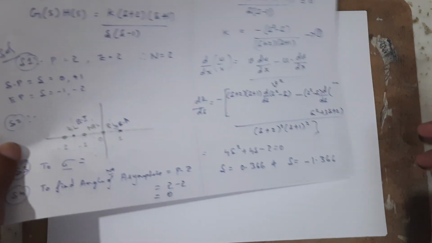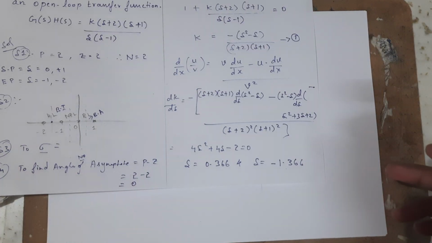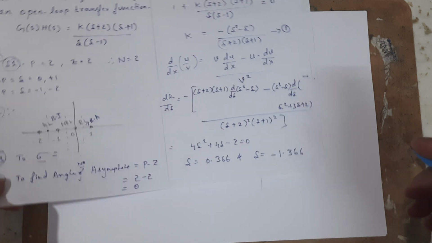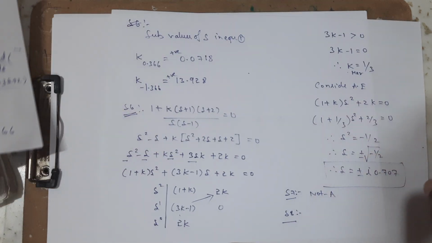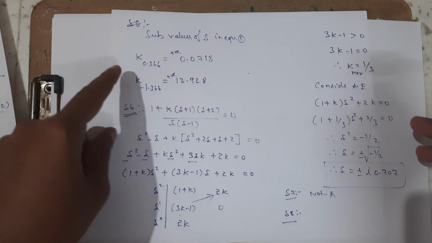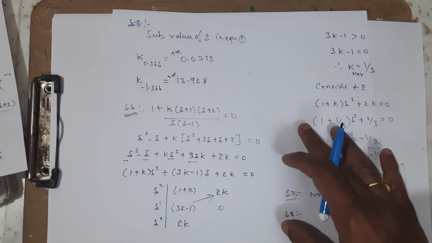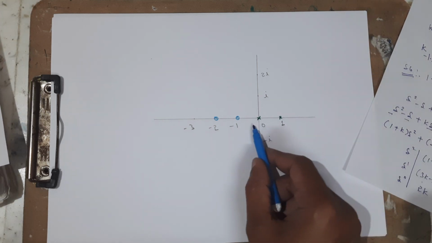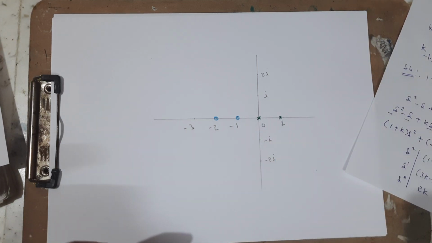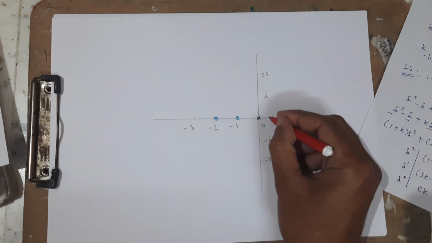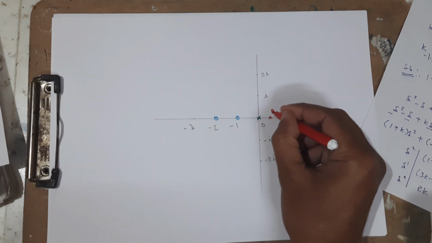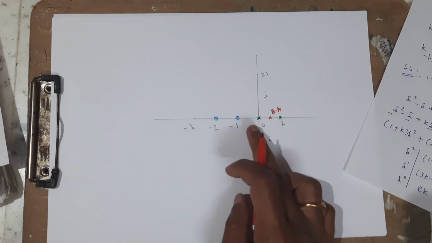So next will be, I am going to mark the breakaway and break-in points, so that we have identified, right? So k is equal to 0.366. So 0.366 is between 0 and 1. So therefore it will be a breakaway point. Why breakaway? Because it is between poles.